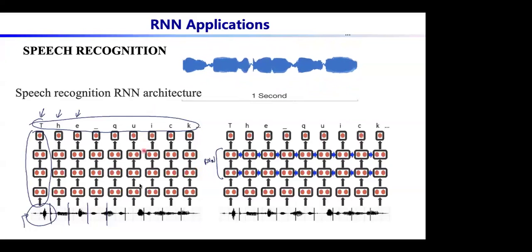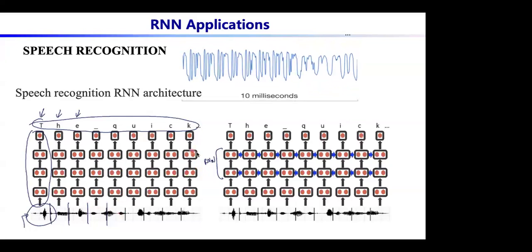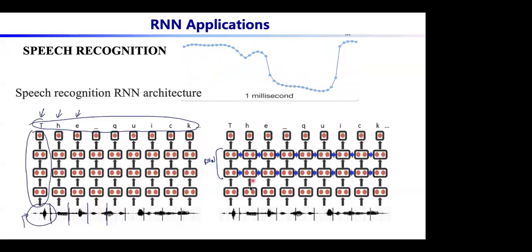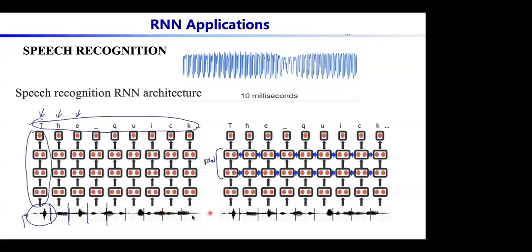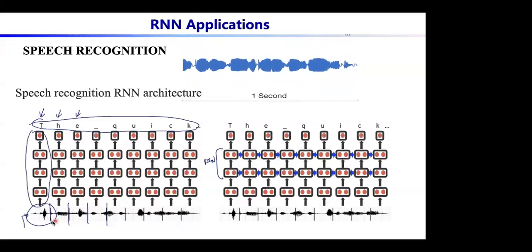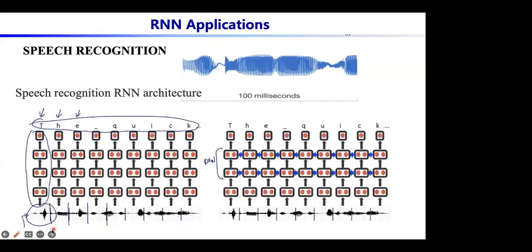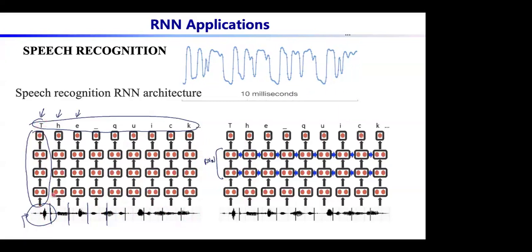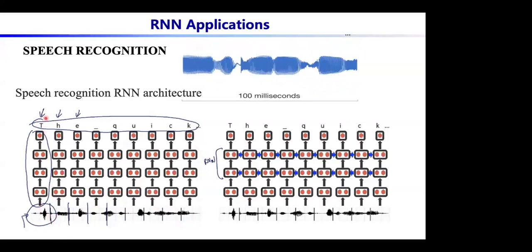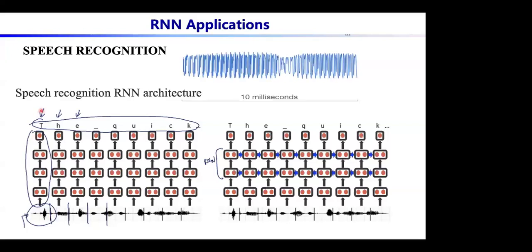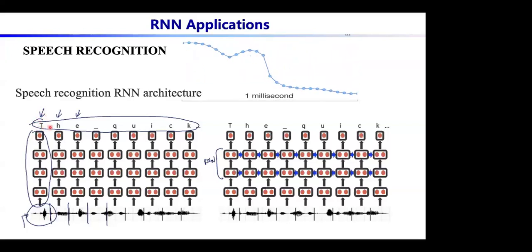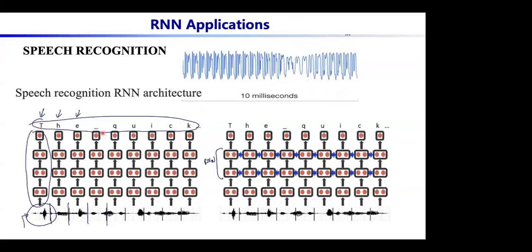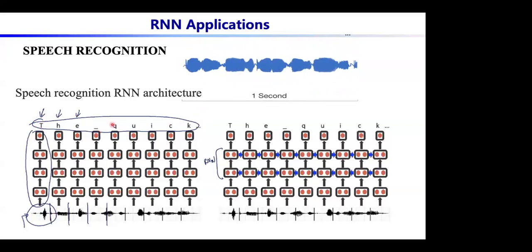So this is a typical network. Obviously the voice and the output have this kind of almost one-on-one relationship. That means the first voice should correspond to the first part of the words, the sentences.